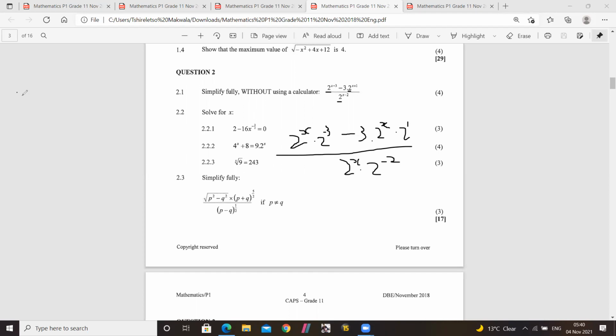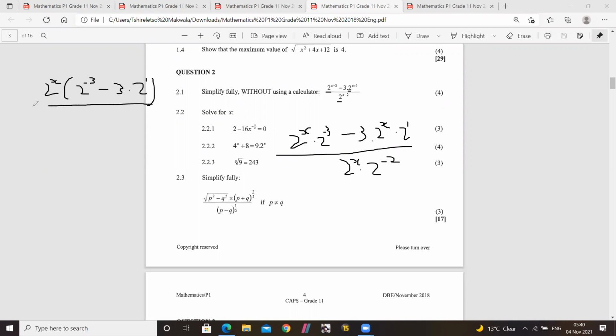So you're gonna say 2 to the power of x. Then open bracket. What's left is 2 to the power of negative 3 minus 3 times 2 to the power of 1.